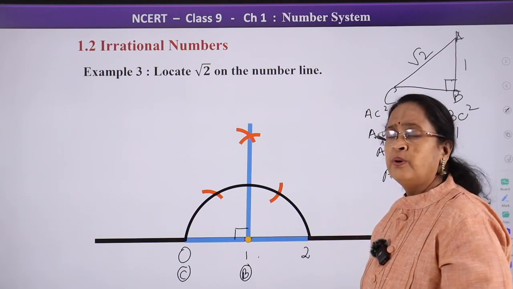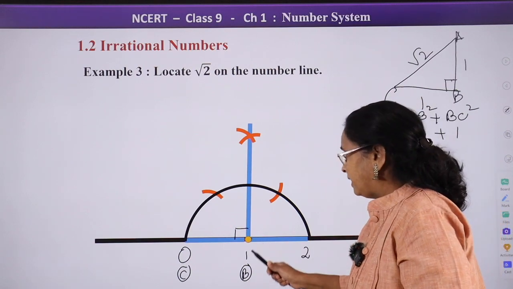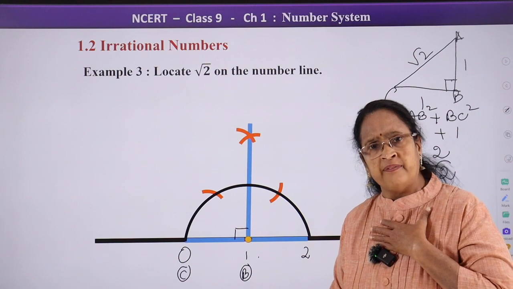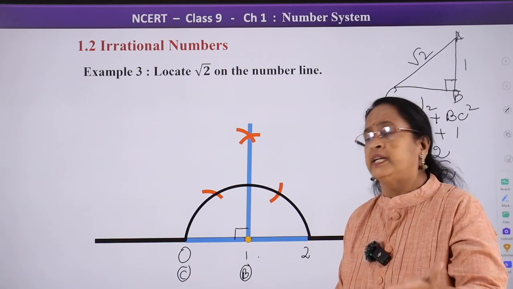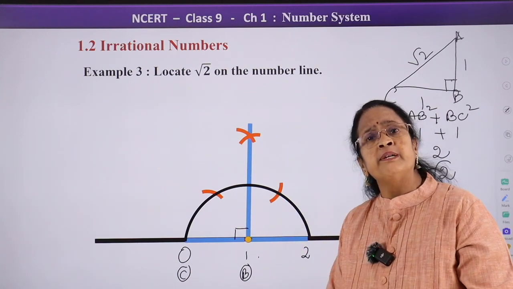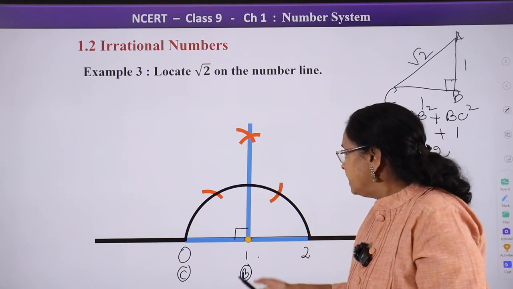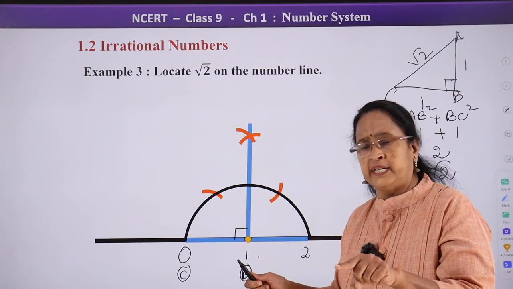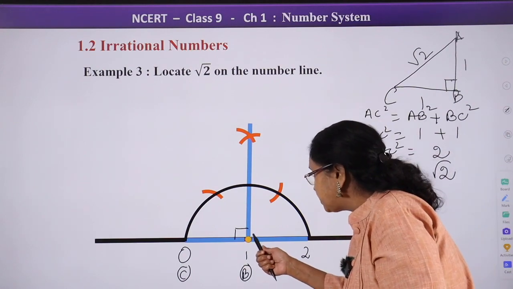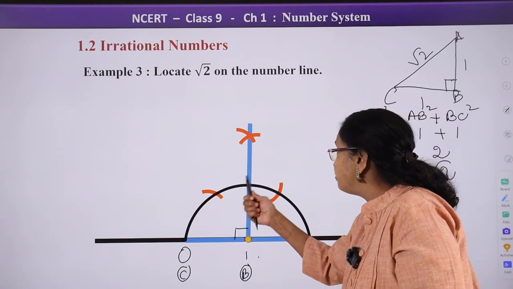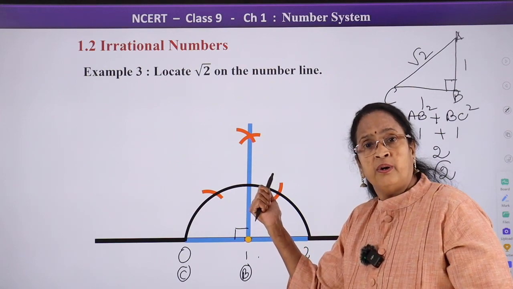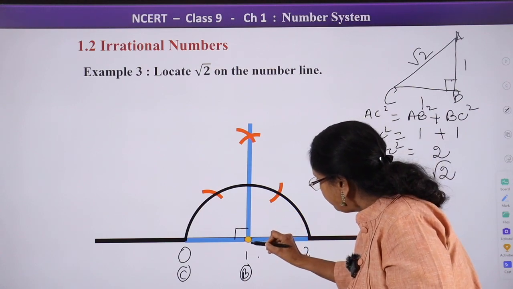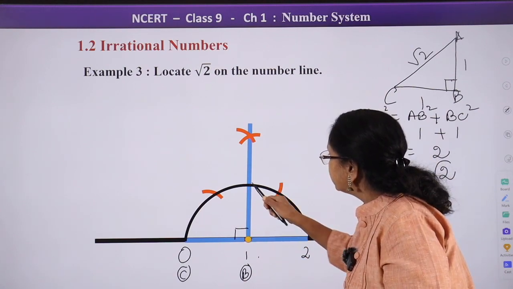Now, from 1, I am telling you I took 1 centimeter radius for my convenience. That is the convenience. I need not cut 1 centimeter now. Usually, if you don't take 1 centimeter as radius, from 1 you need to cut 1 centimeter.